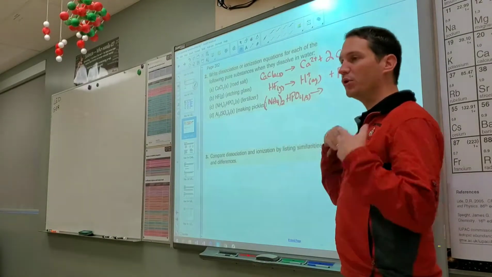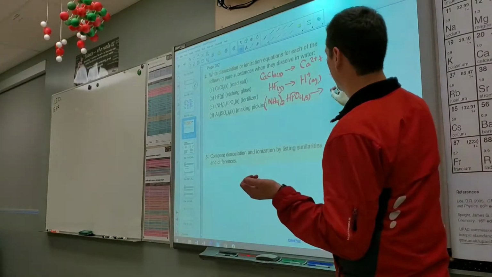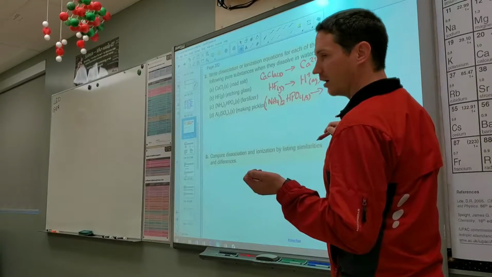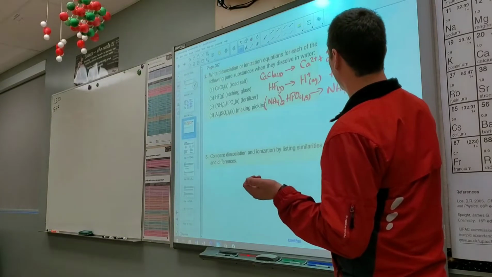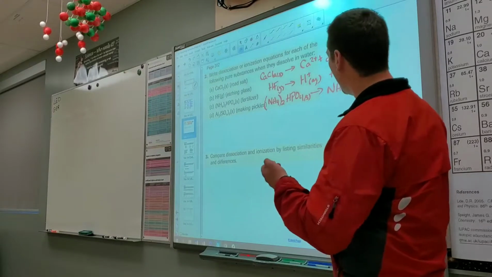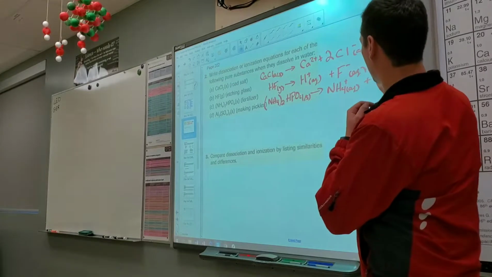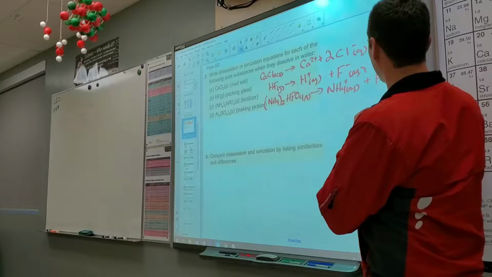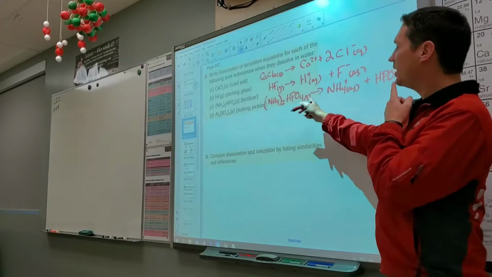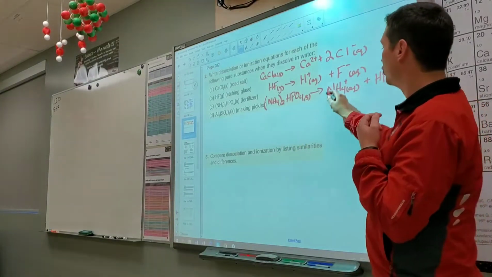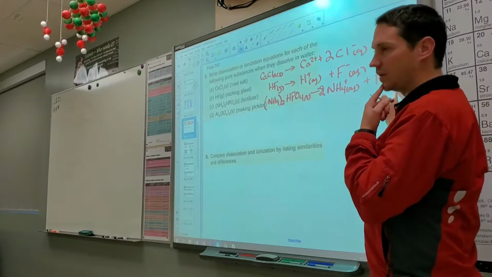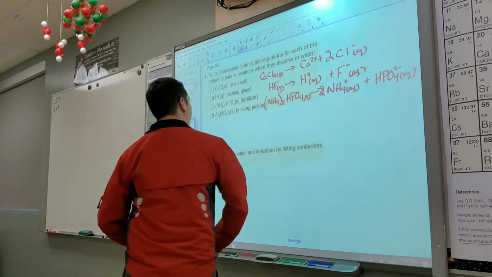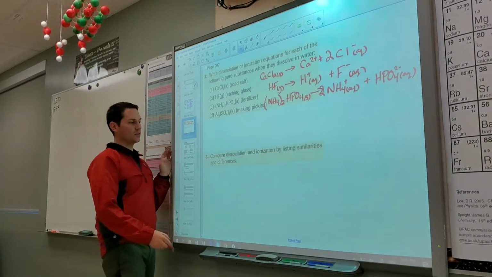What does an ammonium ion look like to you? NH4 positive, good. And then HPO4. What's the charge on an HPO4? Negative 2, minus. And how many ammoniums are here? 2. And how many hydrogen phosphates are here? 1. Okay, perfect.